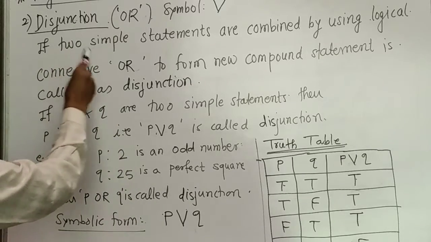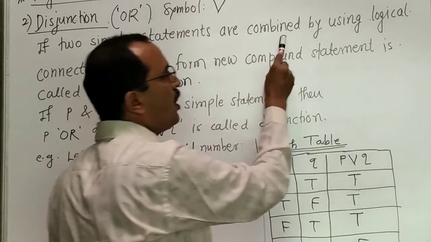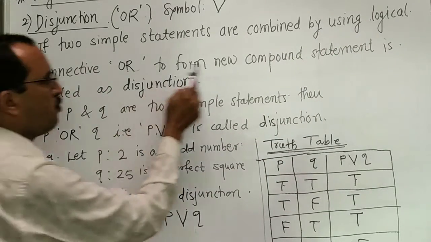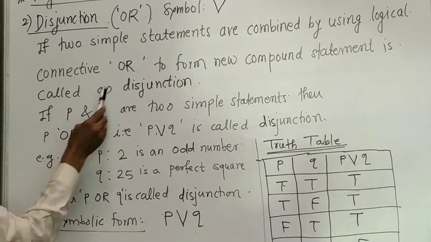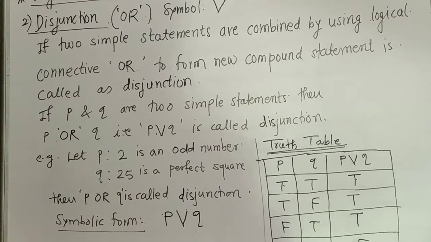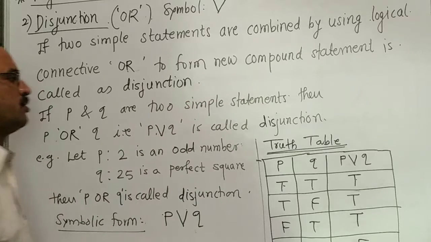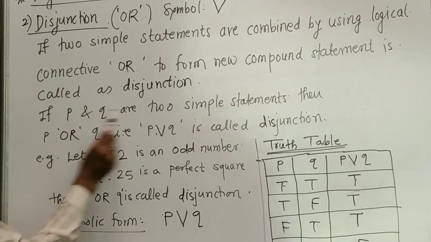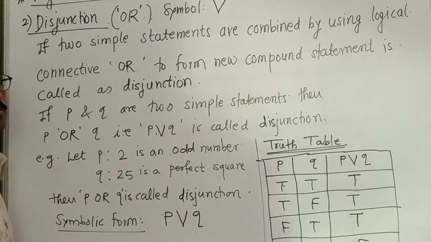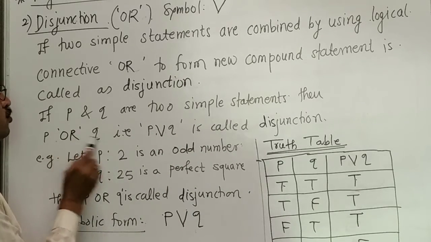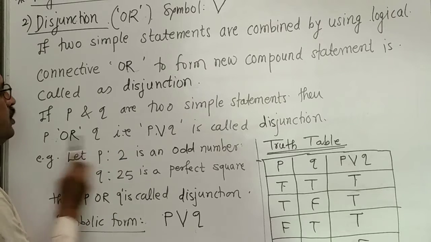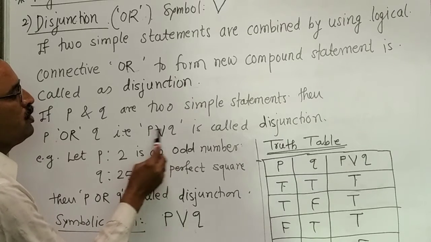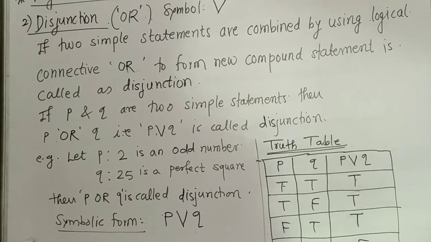So the definition is: if two simple statements are combined by using the logical connective OR to form a new compound statement, it is called disjunction. If P and Q are two simple statements, then P or Q, in symbolic form P ∨ Q, is called disjunction.